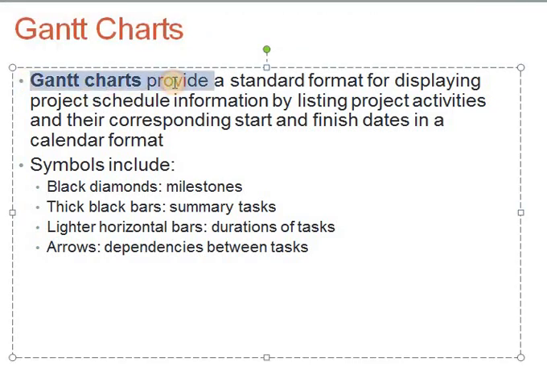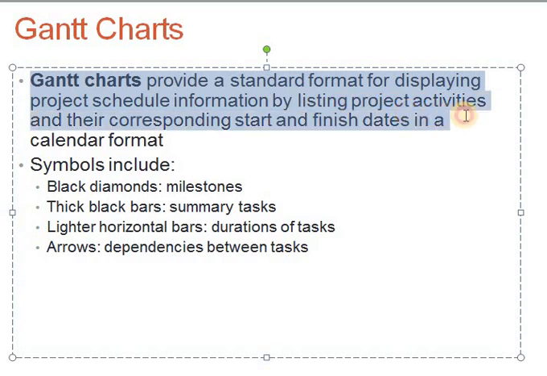Gantt charts provide a standard format for displaying project schedule information by listing project activities and their corresponding start and finish dates in a calendar format. So basically it is a standard methodology for showing the project schedule information by listing all the project activities and their start and finish dates in a calendar format.